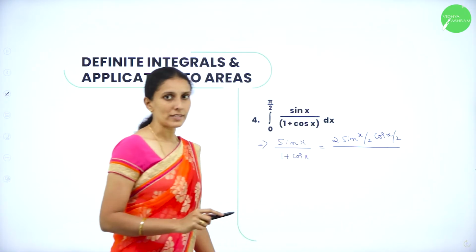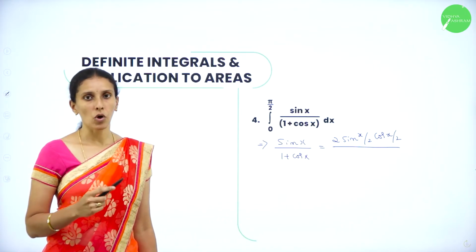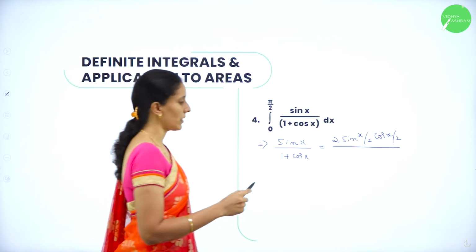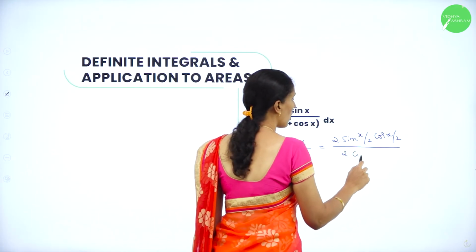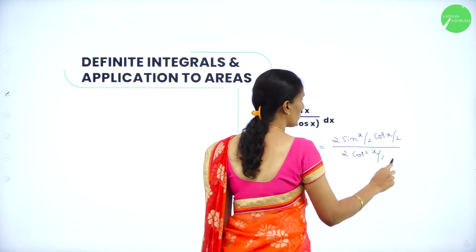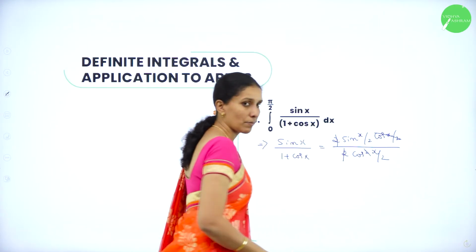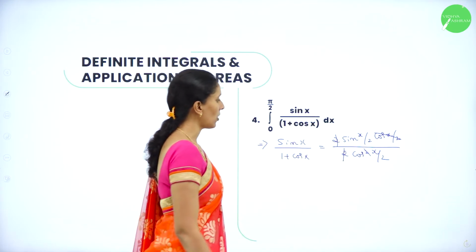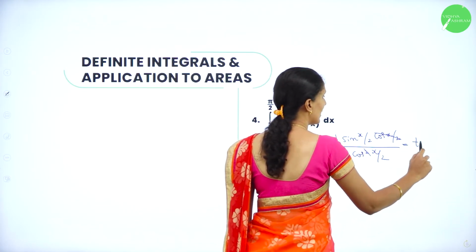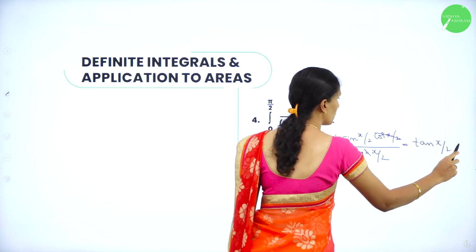And 1 plus cos 2x is 2 cos square x, so 1 plus cos x can be written as 2 cos square x by 2. So 2 and one cos x by 2 cancel. We are left with sin by cos, so I can write this as tan x by 2.